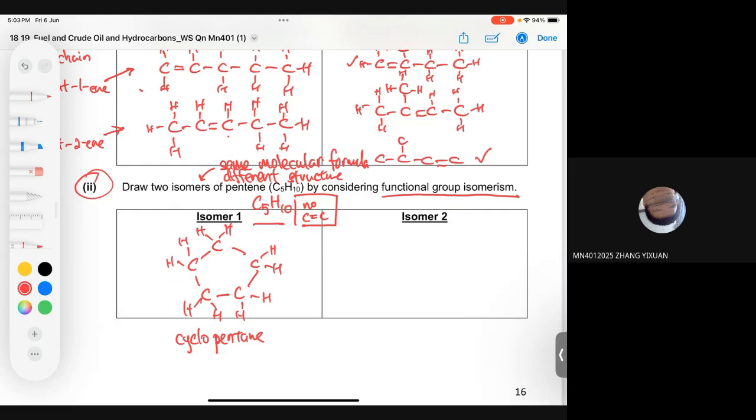Okay, next. Let's go to isomer 2. I'm going to draw it for you also. Just anyone make a guess before I say the answer. How can I do functional group isomerism with C5H10? What do you think is another functional group isomer that I can do with C5H10?